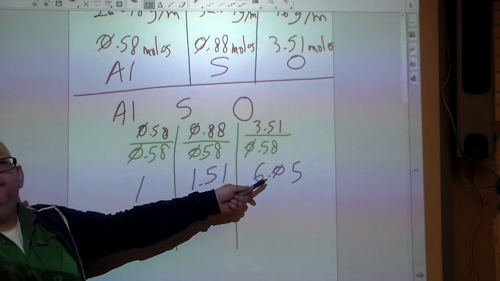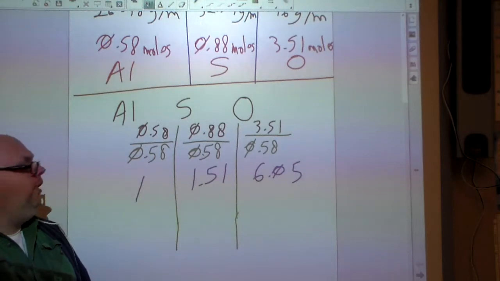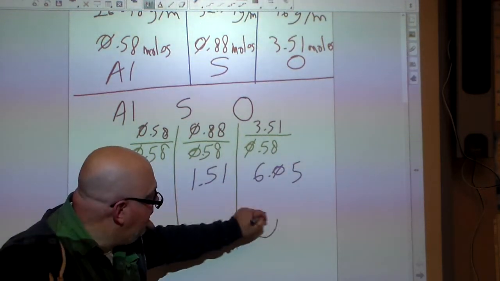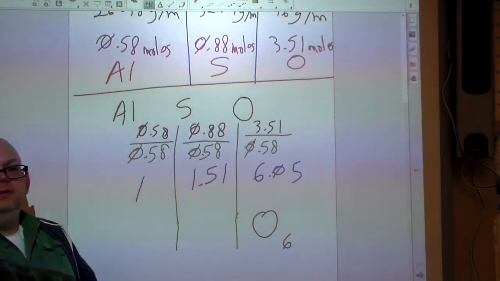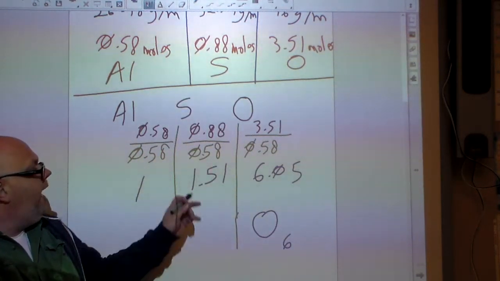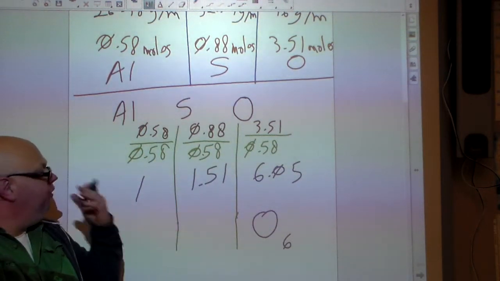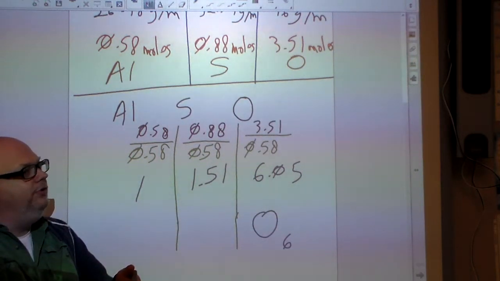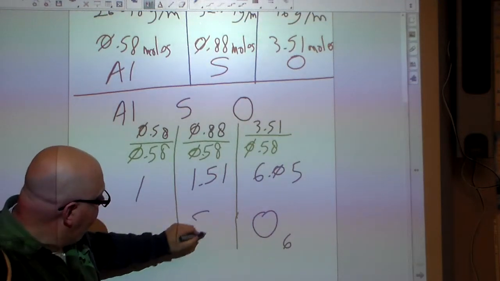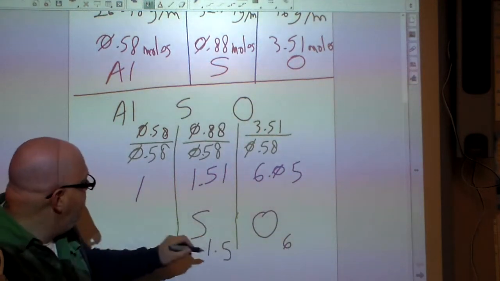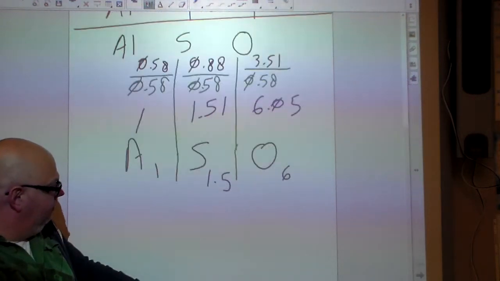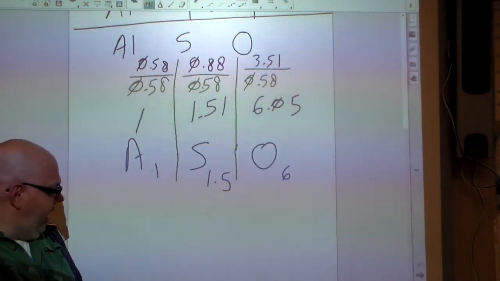The 6.05, that 0.05 is so tiny, we can go ahead and say we got 6 oxygens involved. We have 1.51 sulfurs. Well, we can drop that 0.01 and say, all right, here's sulfur with 1.5. And we have 1 for aluminum.